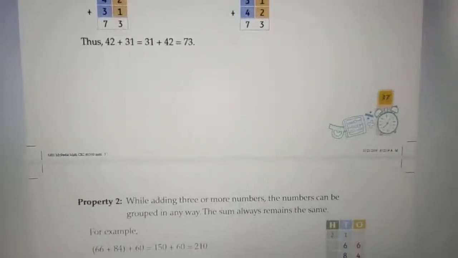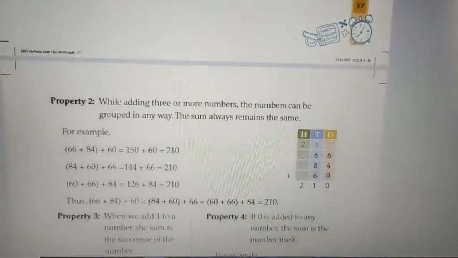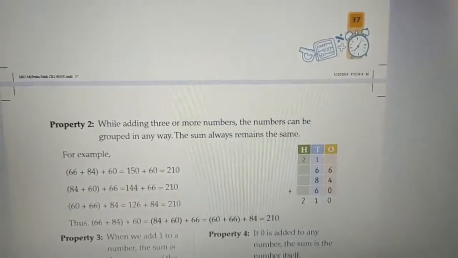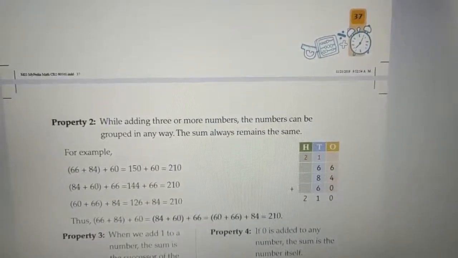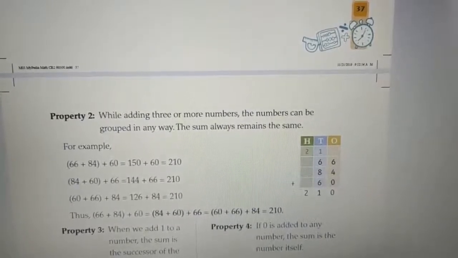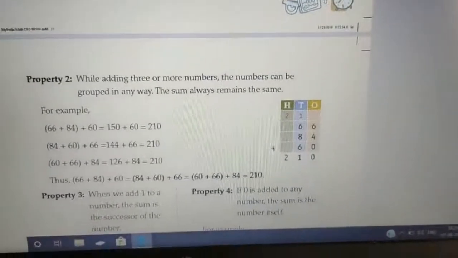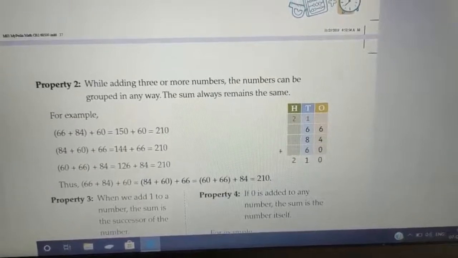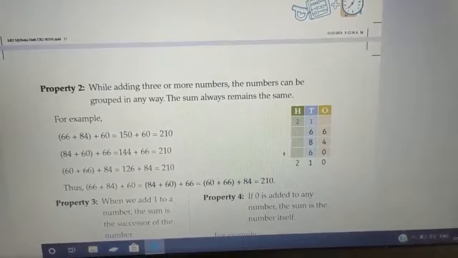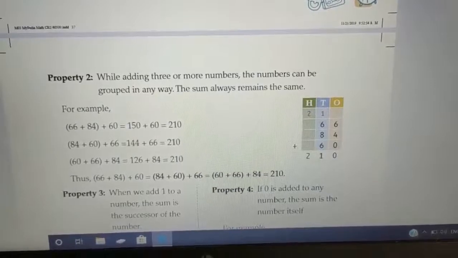Now moving forward we will read the second property. While adding 3 or more numbers, the numbers can be grouped in any way. You can group the numbers in any manner. Here the numbers are 66 plus 84 plus 60.